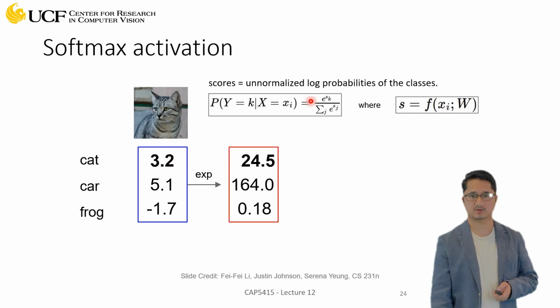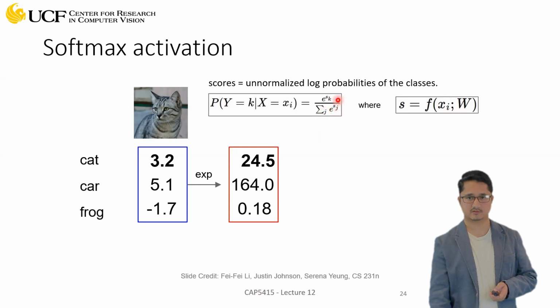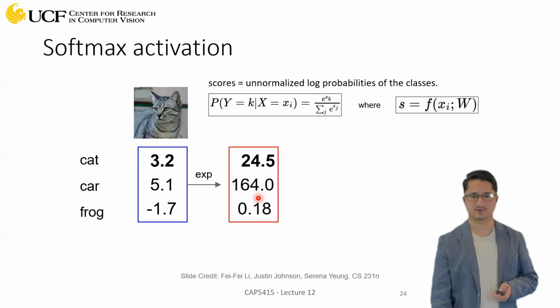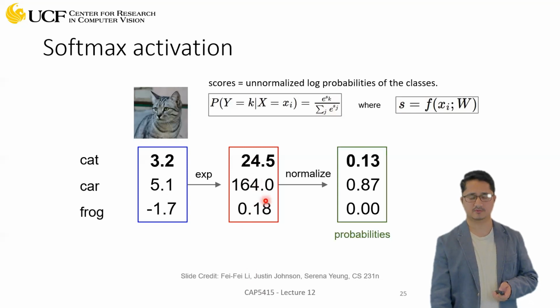The first step, you compute the exponent because we need that. So you just compute the exponent values. The second step is you need the summation of all these for the denominator. You can just add these values, which will give you something like maybe 190. And then once you have that number, for each class, whatever exponent you have, you just divide by that number.